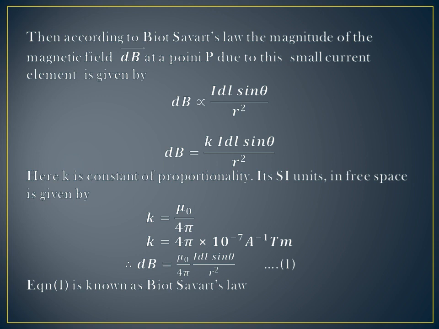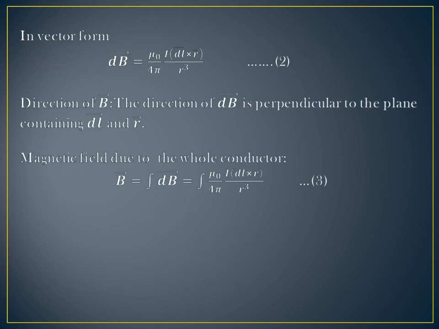Equation 1 is known as the Biot-Savart's law, which gives us the magnitude of the magnetic field at the point P due to the current element I dl. Biot-Savart's law holds strictly only for steady or constant current. Now, in vector form, the Biot-Savart's law is represented by dB is equal to mu naught by 4 pi I dl cross r divided by r cube.